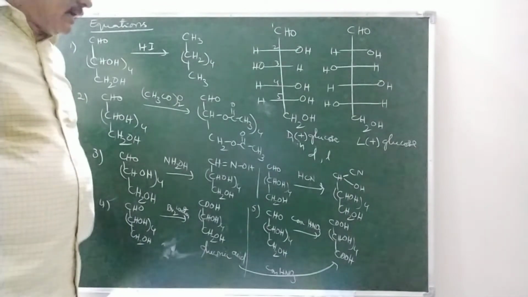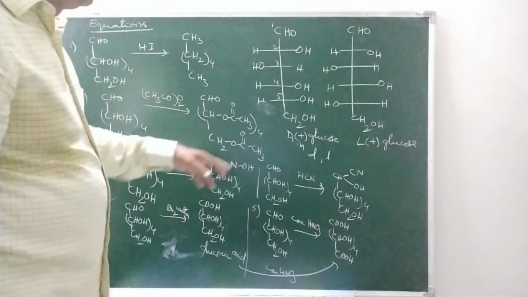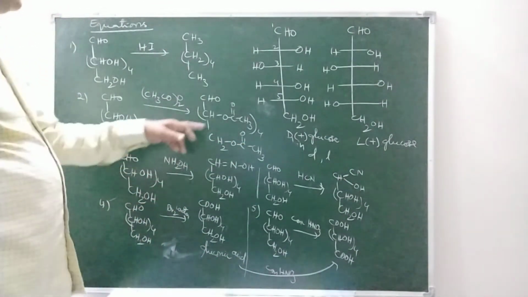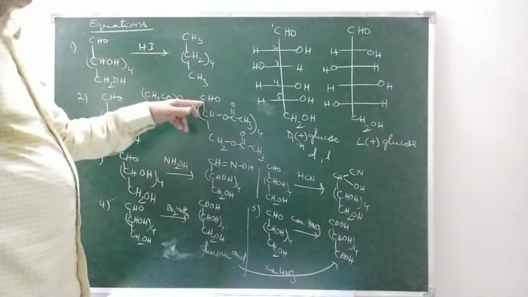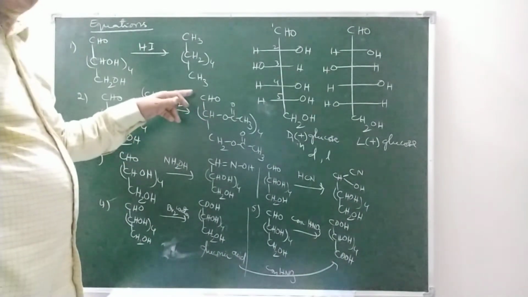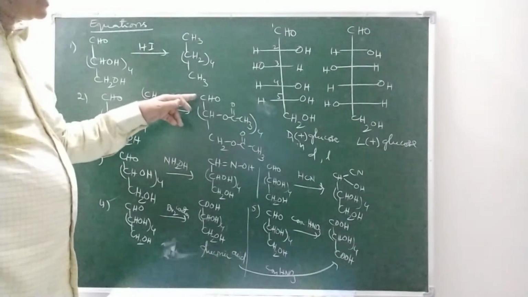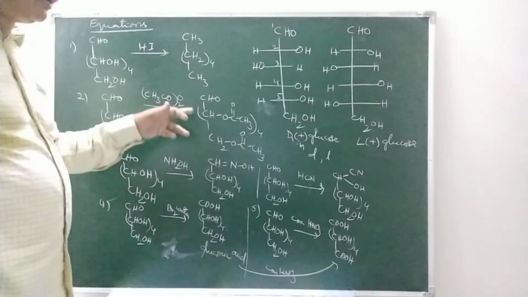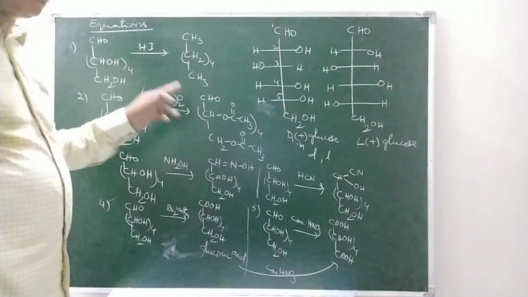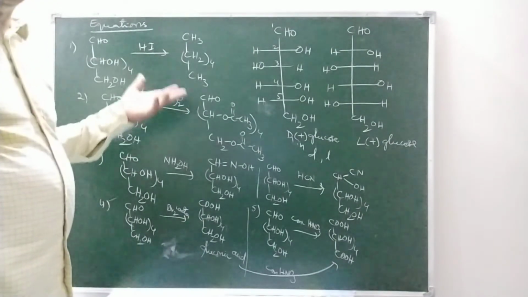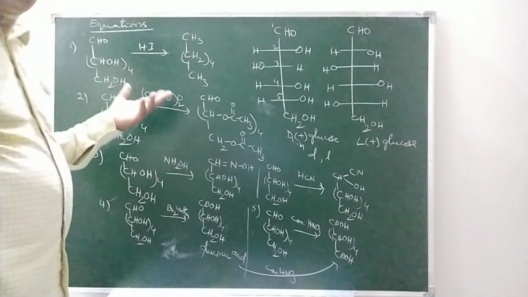Why? And glucose pentaacetate contains an aldehyde group, which means it must show reducing properties, but it cannot. Why? So these are the questions that arise.